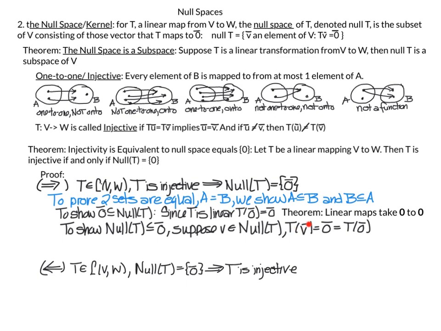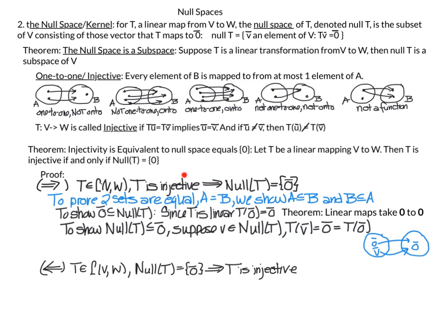That is, T of V is equal to 0, which, as we have seen, is equal to T of 0. So what we have right now is T of V gets mapped to the 0 vector, but we also have over here that the 0 vector, that's the 0 vector in the V vector space, gets mapped to 0. So these two vectors get mapped to 0.